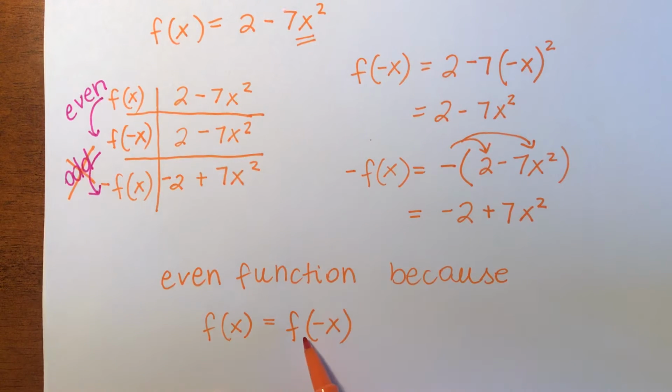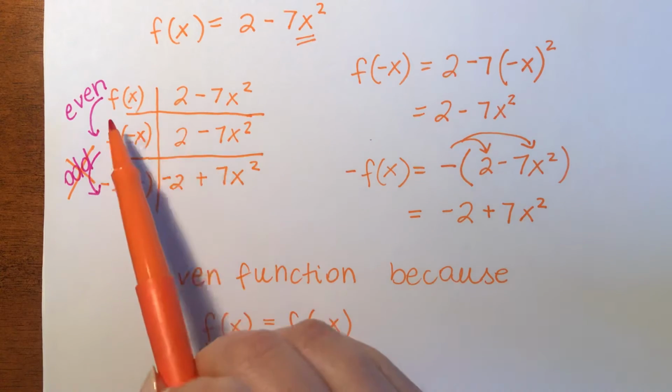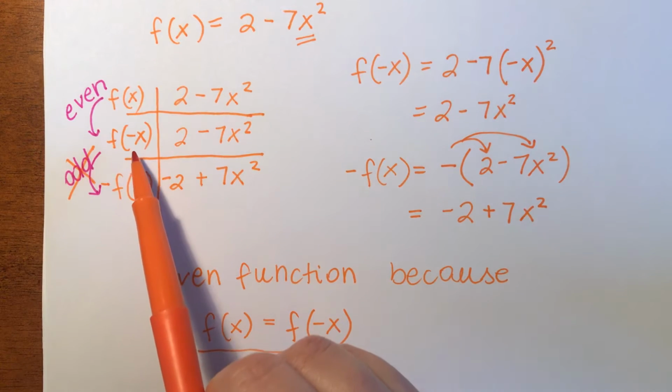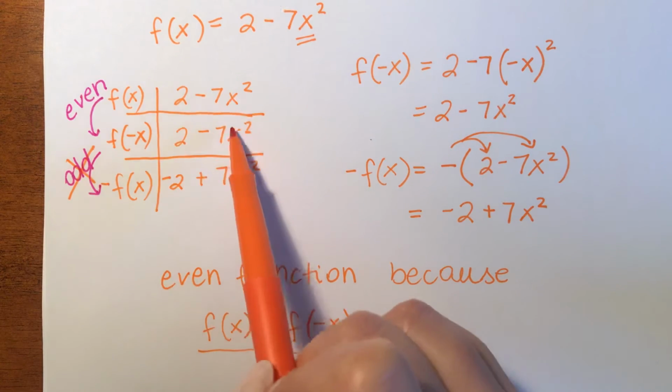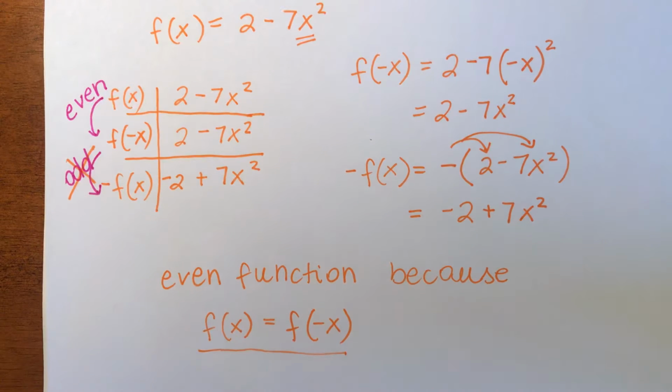Now this notation is really important, okay? So whenever f of x and f of negative x give you the same result, that means the function is even. All right, let's go ahead, take a look at number 2.